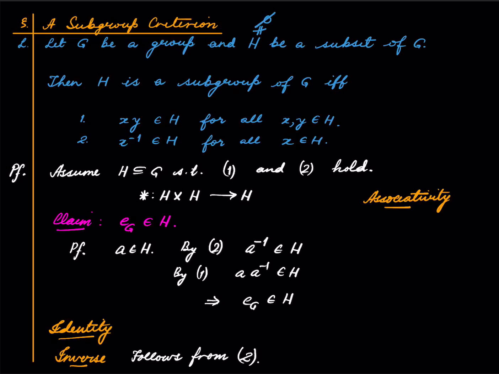So H is a subgroup. I was a little bit sketchy in this argument, but I'm sure you can figure this out with this much hint. And the reverse direction is an exercise. What is the reverse direction? Here you start with the assumption that H is a subgroup of G and show these two things. So the reverse direction is an exercise.